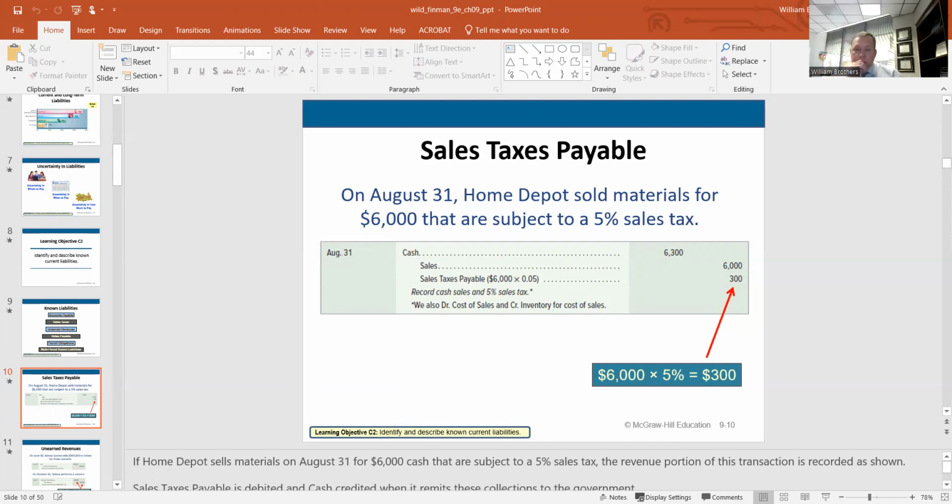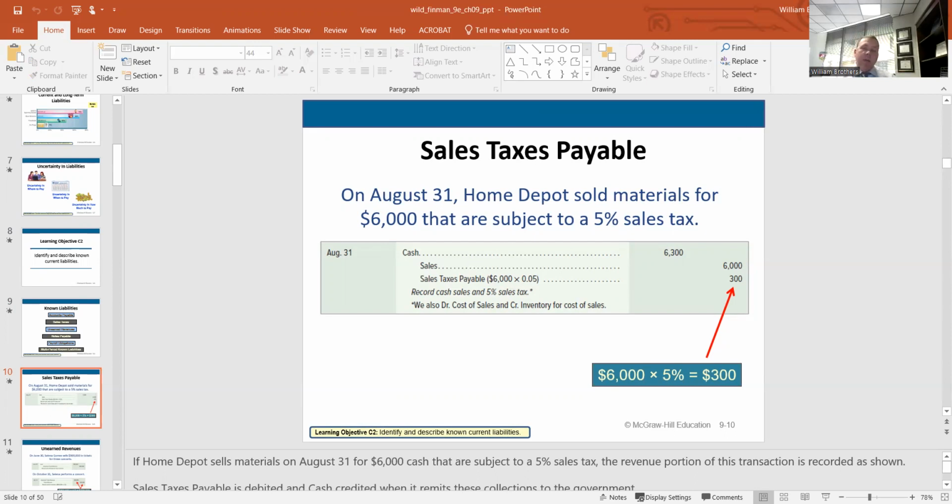When we do this, they're going to receive cash for $6,300, because they have to remit sales tax for each sale. They're going to pass that on to the customer, which is true for most businesses. So we take the amount of the sale, which is $6,000, and multiply it by 5%, and we get $300.